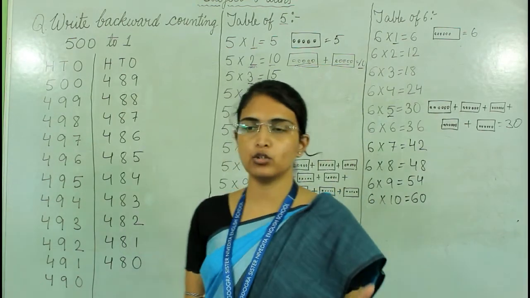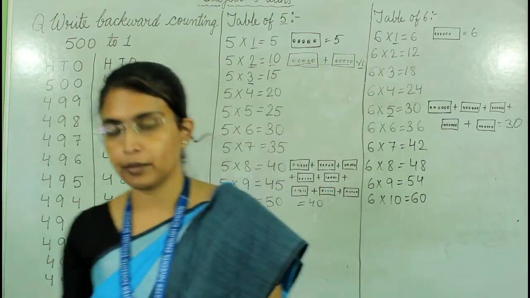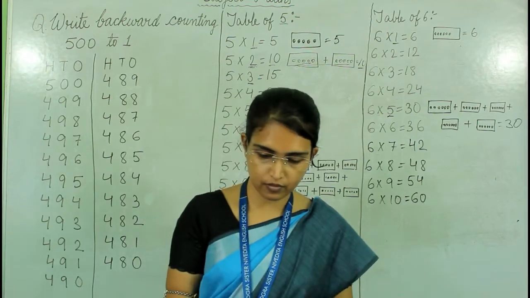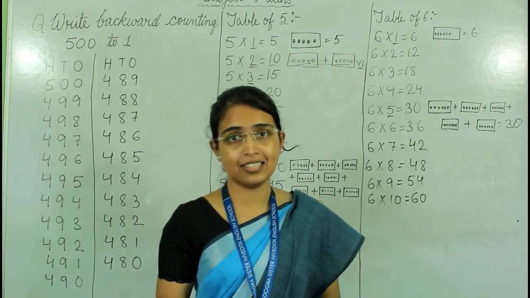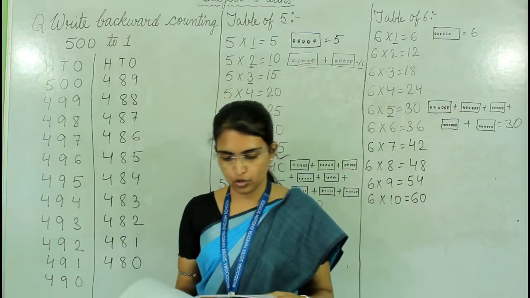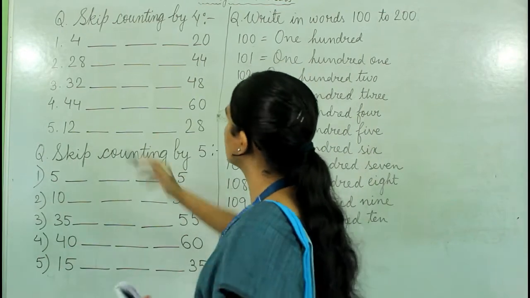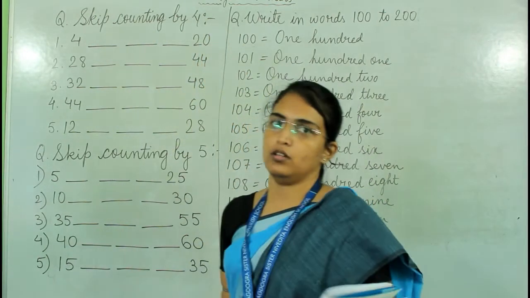Okay. Now we will do another sum, that is skip counting by 4 and 5 and writing rows from 100 to 200. Okay, now we will do skip counting by 4.